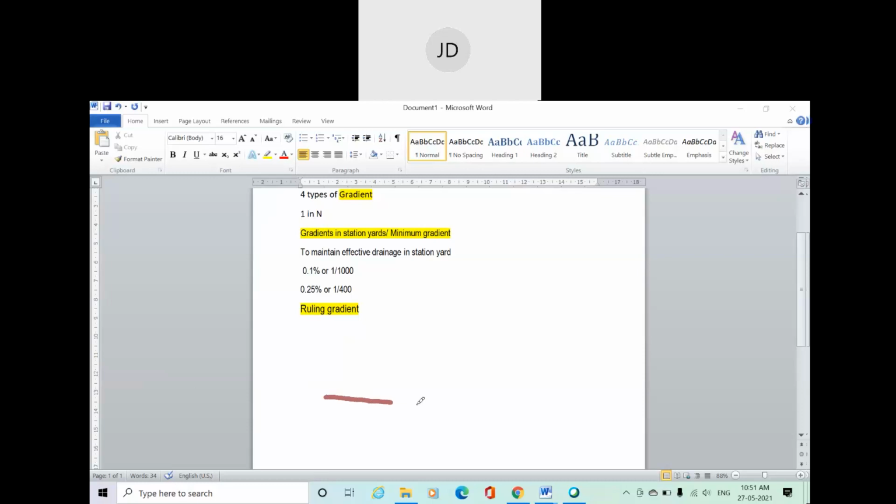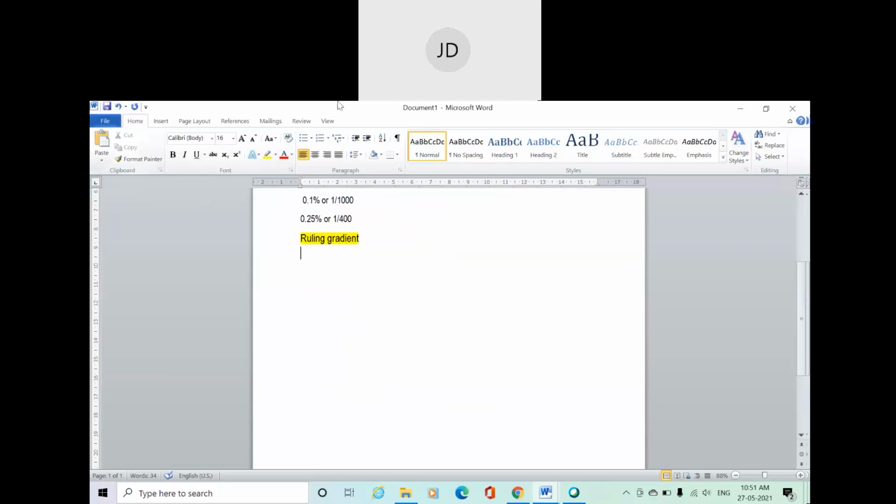Suppose this is a simple horizontal ground level. Let me draw a straight line. It is very difficult to draw with a mouse. Anyway, suppose this is your general ground surface.